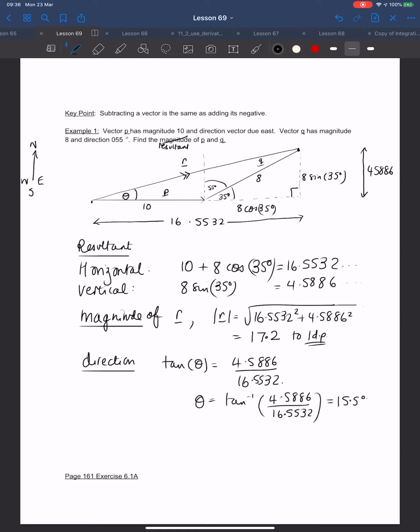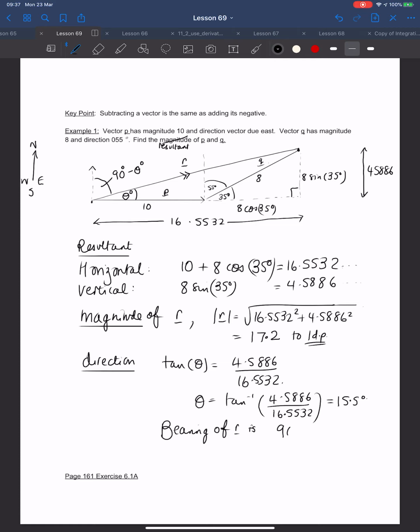Because the question has given us bearings, I'm going to give the answer in bearings. So the bearing of R is this angle here, which is actually 90 degrees minus theta.